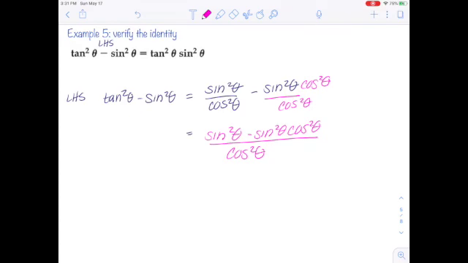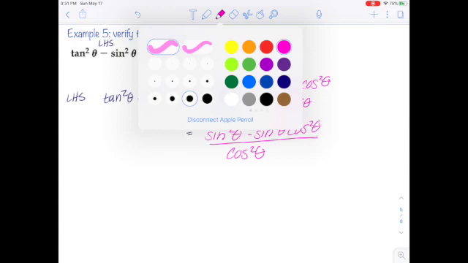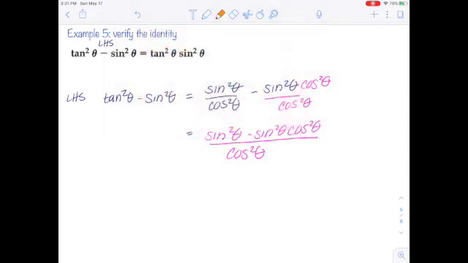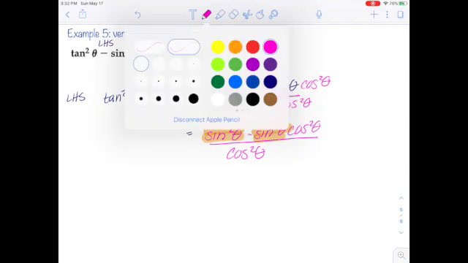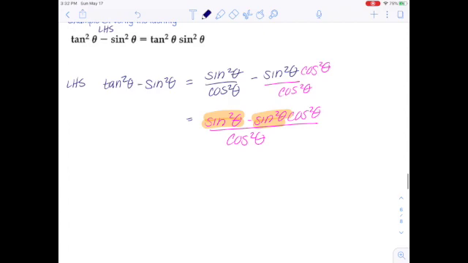All right, so now I'm just left with one fraction, and you'll see you have definitely a GCF we can take out. Let me change back to blue so you guys can see it well. So let's take that out, sine squared of theta, and our leftover would be 1 minus cosine squared of theta all over cosine squared of theta.